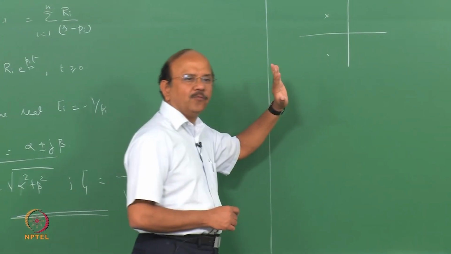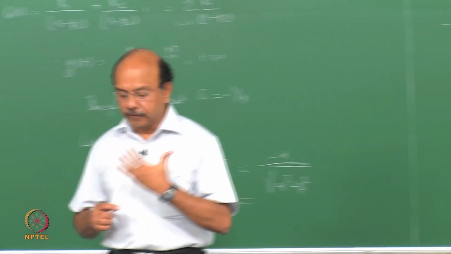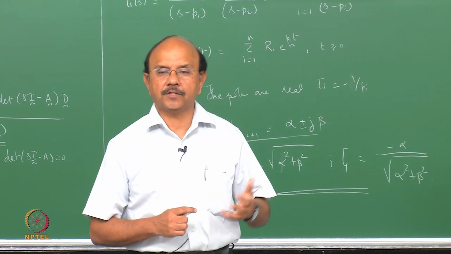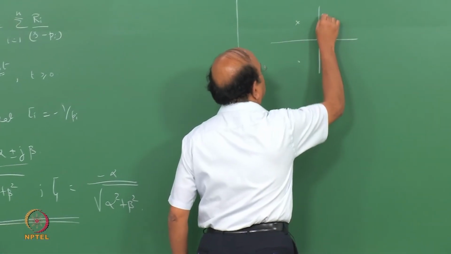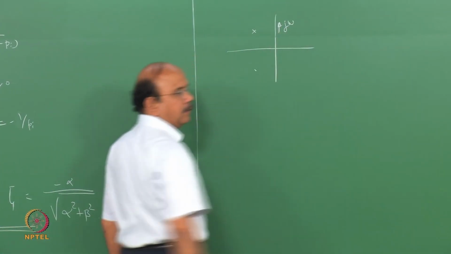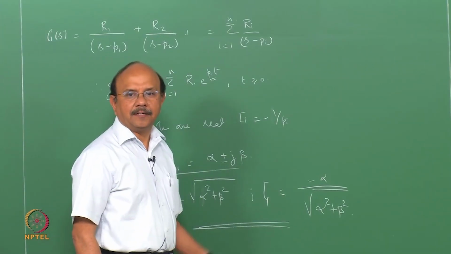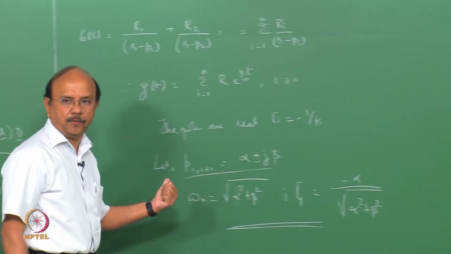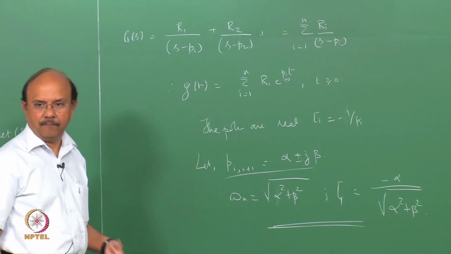Okay. Electrical engineers have a very interesting way of interpretation, not analogy, of how they interpret this. So this is the j omega axis. Okay. So you would notice that if I want to look at the frequency response, what is it that I do? I replace s by j omega, right?